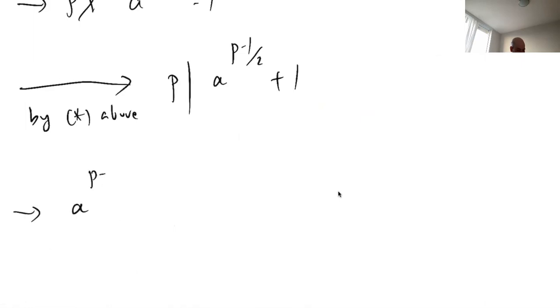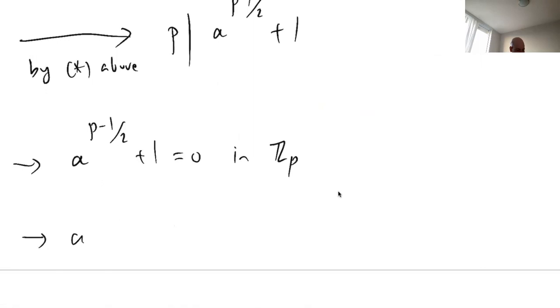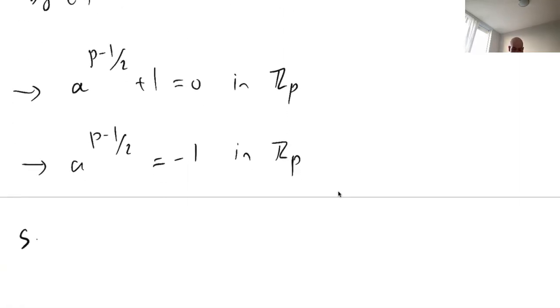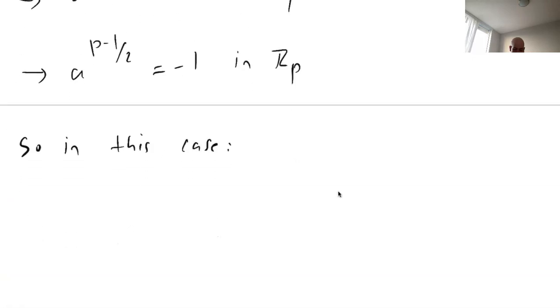That means a to power (p minus 1) over 2 plus 1 equals 0 in ZP, and that means a to power (p minus 1) over 2 equals minus 1 in ZP. Again, remember, if a number is divisible by p, that number is 0 in ZP. So in case 2, what can we say? The Legendre symbol (a over p) equals minus 1, because remember, we are in case 2, where we are assuming that a is a quadratic non-residue.